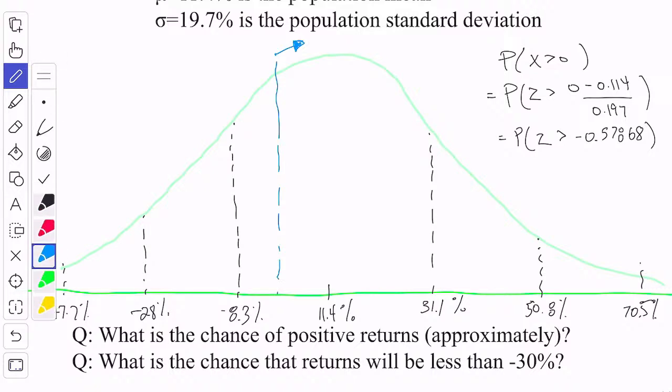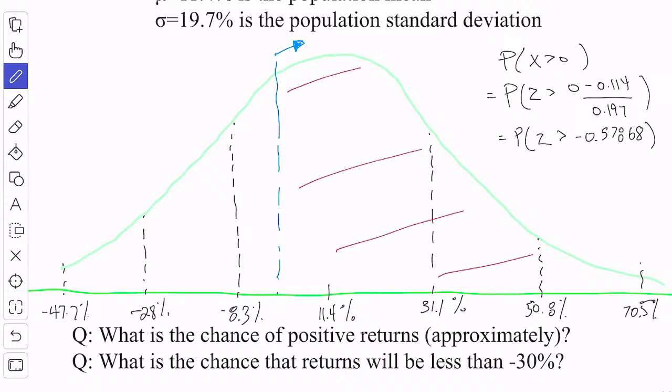So I want to know the probability of being in this area. So it's going to be somewhere between 50%, which would have been here, and how much would it be here? This much, this portion adds how much? Just between here and here.